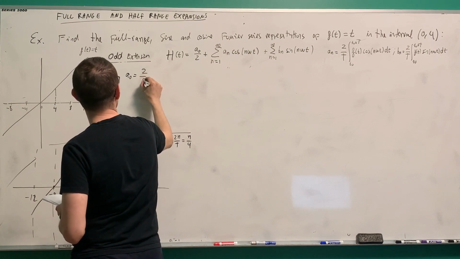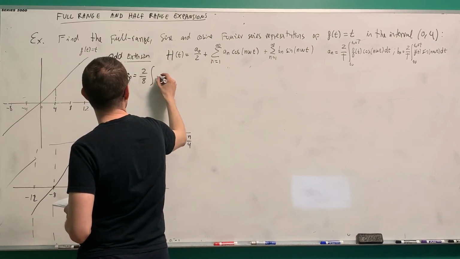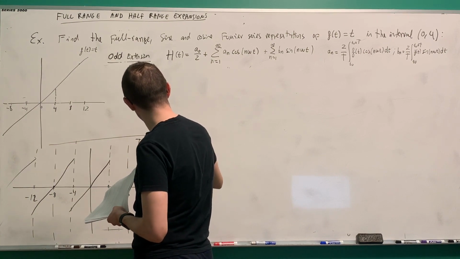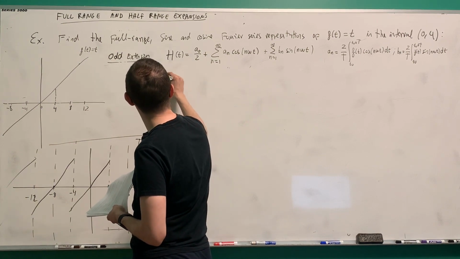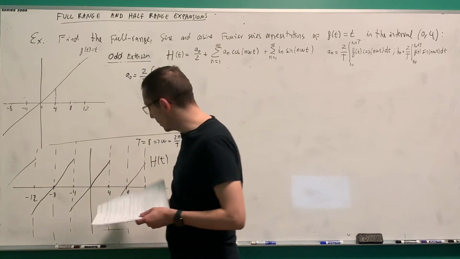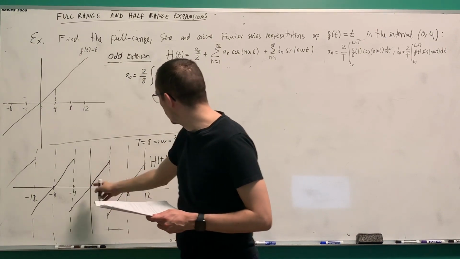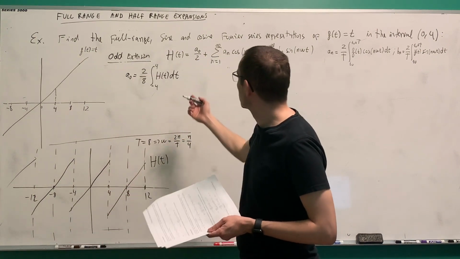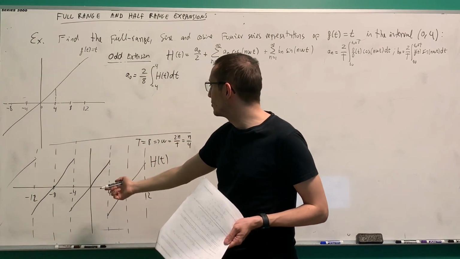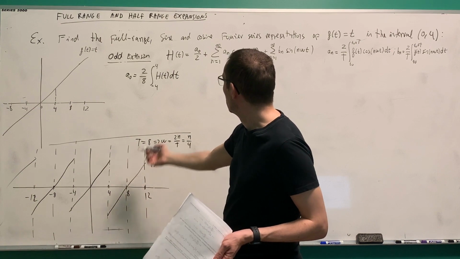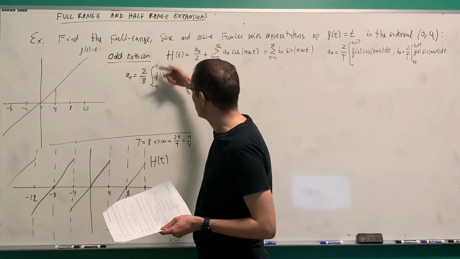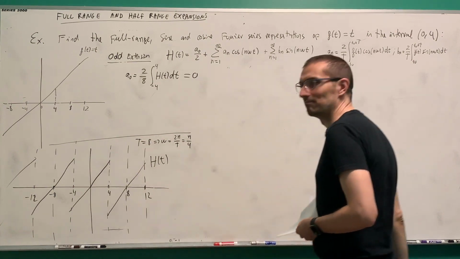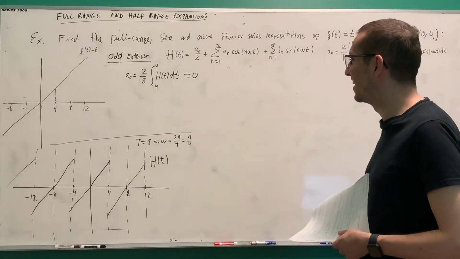It's 2 over 8 times the integral of h of t dt, and then we pick one interval. Why don't we pick from -4 to 4? That one is easy because h of t is an odd function. This is the odd extension, right? So in a symmetric interval, for an odd function, the integral is 0. So it's 0 from the beginning. Nice enough.